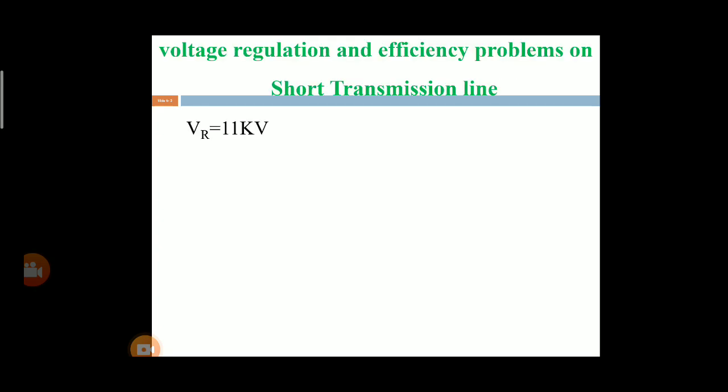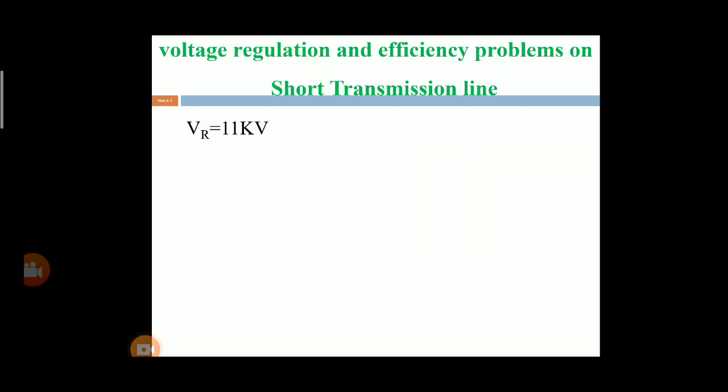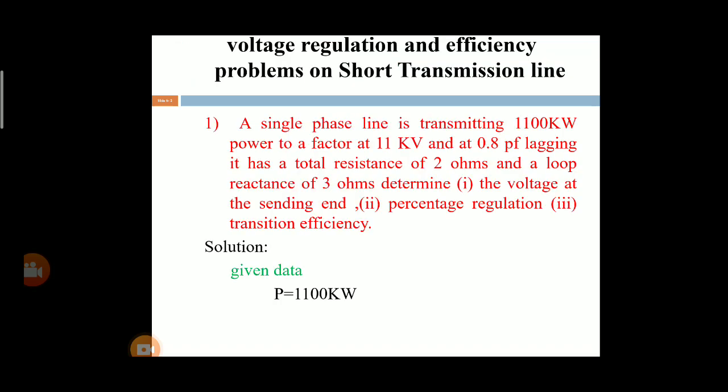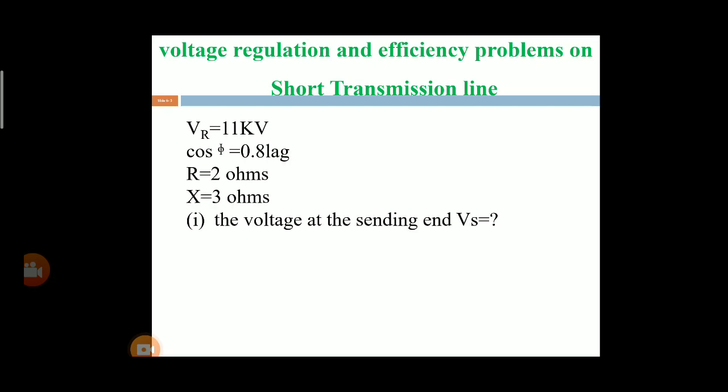At a 0.8 power factor lagging, power factor means cos phi, and the cos phi value is 0.8 lagging. It has a total resistance R equal to 2 ohms and a loop reactance equal to 3 ohms.